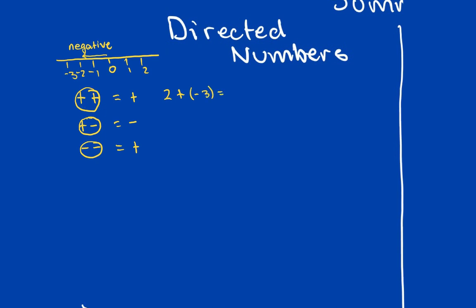So let's do an example. You might not have seen the brackets before, but the brackets are just there to protect the integer. Okay, so plus and minus gives us a minus, so it becomes 2 minus 3, and you can see I'm drawing it on the number line. 2 minus 3 equals negative 1.